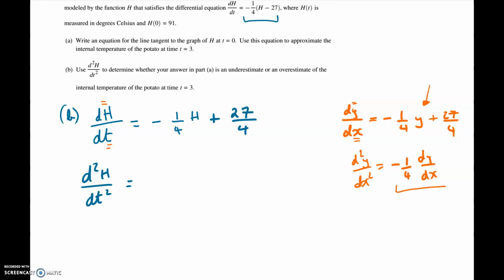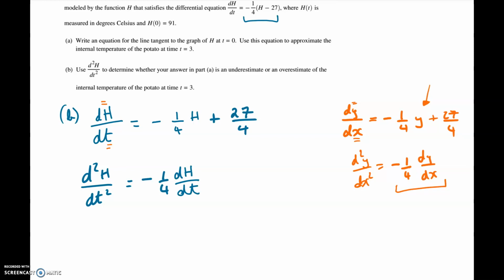So now, applying the same thing over here, that's going to give negative 1/4 of h, and because h is the same as y, you treat it the same way, and instead of dy/dx, you say dh/dt. So d2h/dt squared is negative 1/4 dh/dt.